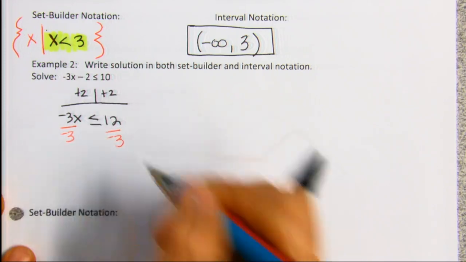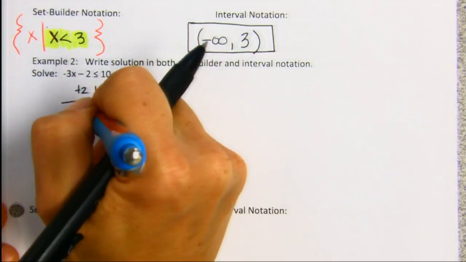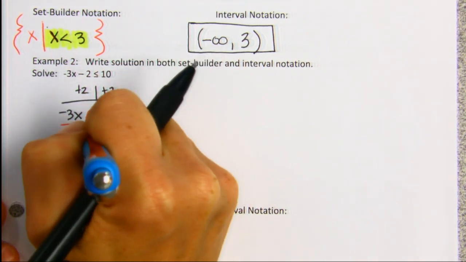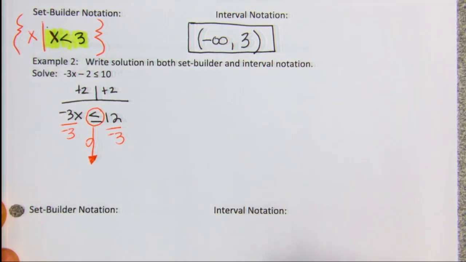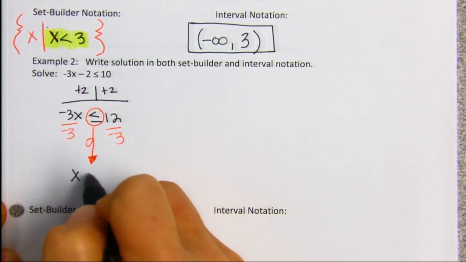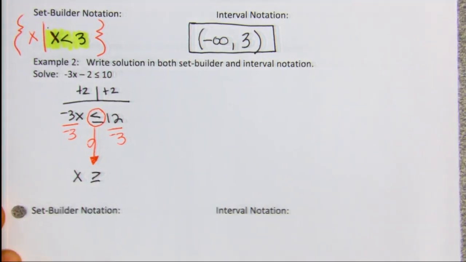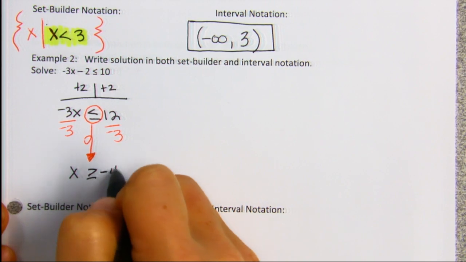Because we're dividing by a negative, what do we have to do? Flip the symbol. So I'm going to circle it. I like to do this little loopity-loop, so I'm telling myself this is what I did. I have x is now greater than or equal to negative 4.